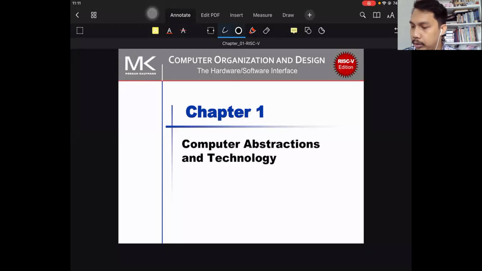So we'll start our study of microprocessors and microprocessor systems with this topic, computer abstractions and technology. Now, I decided to go over this presentation for us to be acquainted and oriented with the terminologies and concepts that are important in the study of microprocessors, but we will not necessarily follow the route of this resource, Computer Organization and Design.